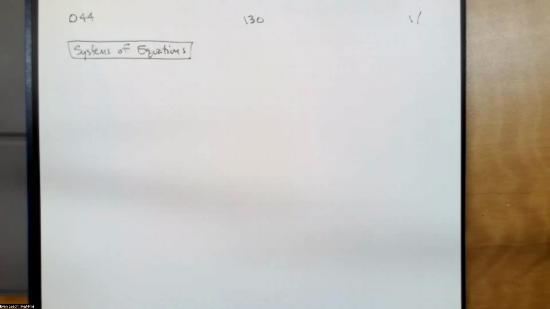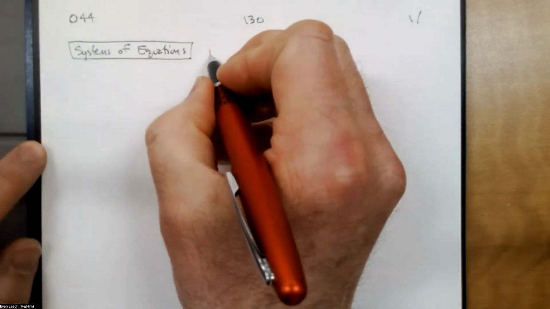A system of equations is just two or more equations considered together. I guess we could say that one equation is like a system of one equation, but we'll just call that an equation. A system of equations is two or more equations considered together, usually with two or more unknowns or variables.